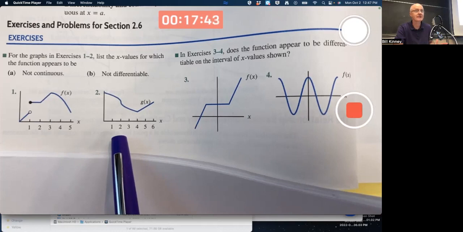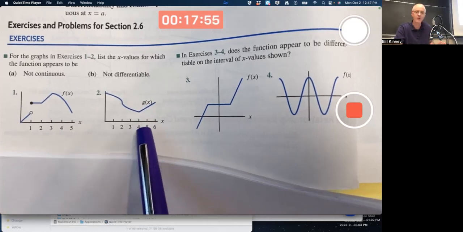Even though there's no discontinuity there and no corner there. If it's a purely graphical problem with no formula, approach it that way. There's also a corner, it appears, at 4. That's also a point of non-differentiability.